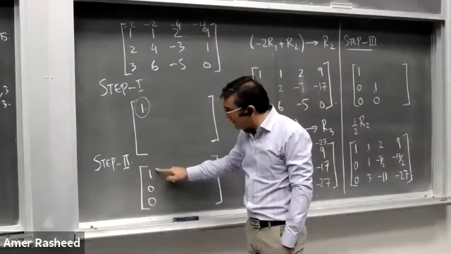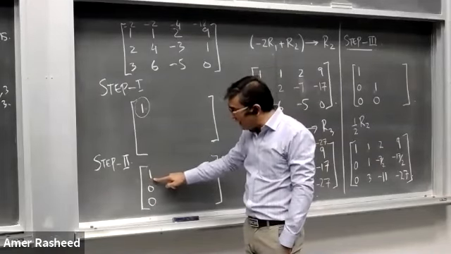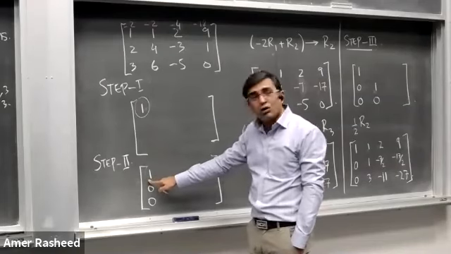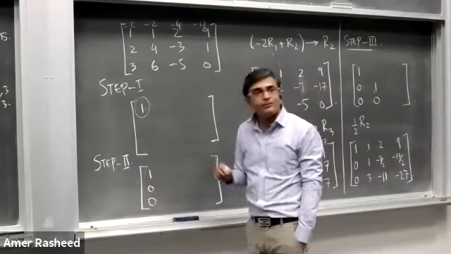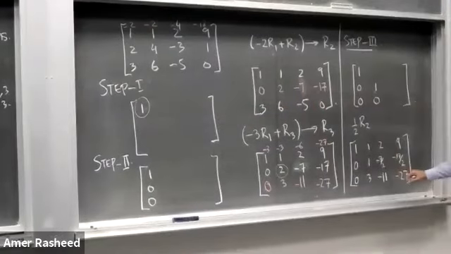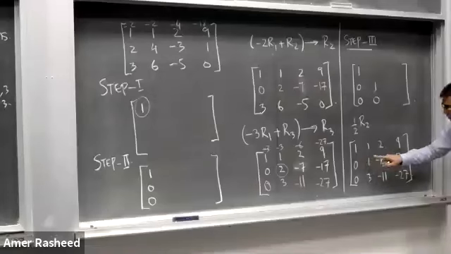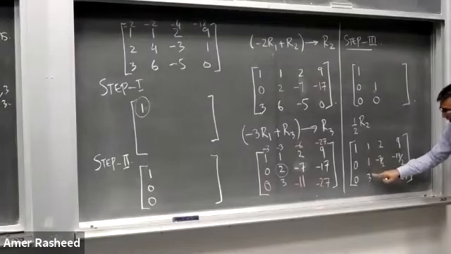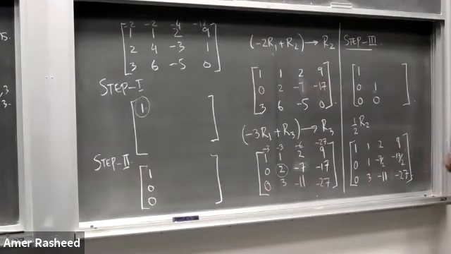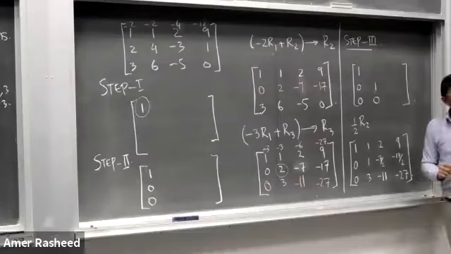You have to use the row where you have made 1. You can only use this row in order to make zeros below it. Now, in this step, you have made 1 here, so you have to use this row to make zeros below this 1. You cannot use any other row. You got my point? Yes, sir, I got you.